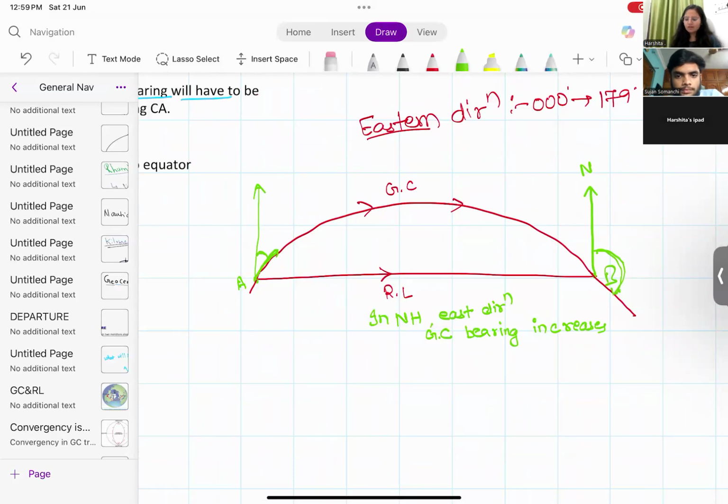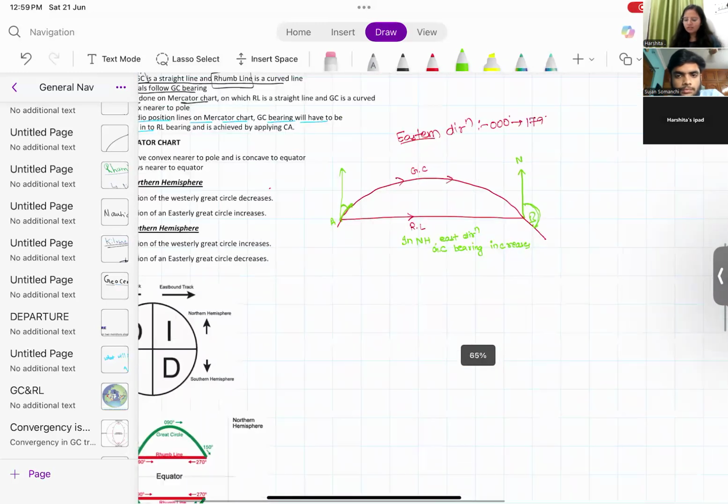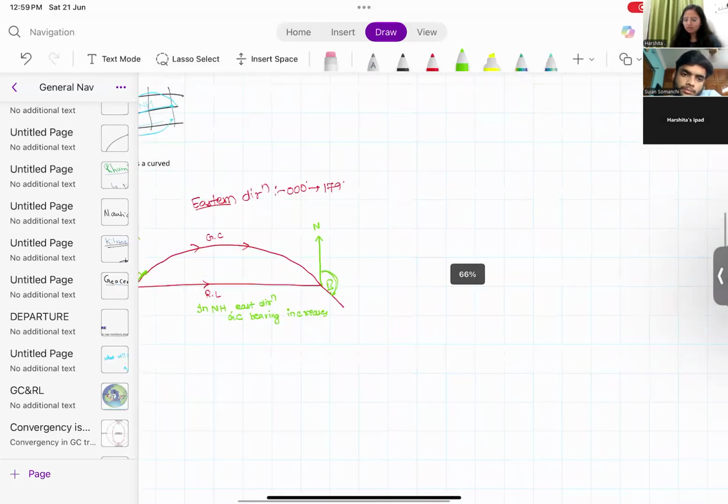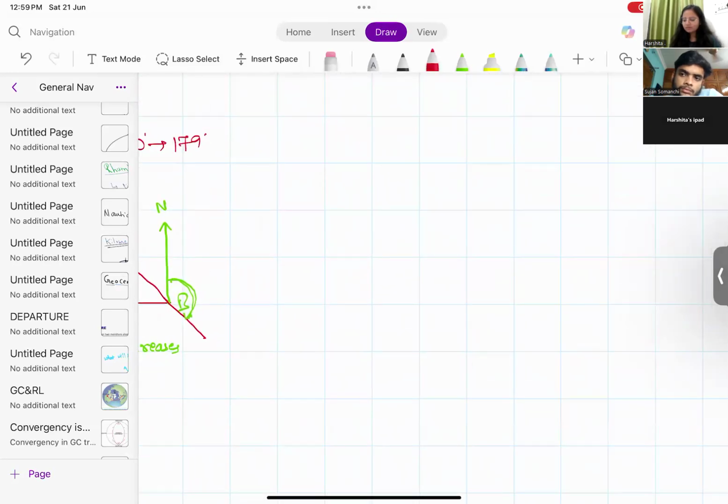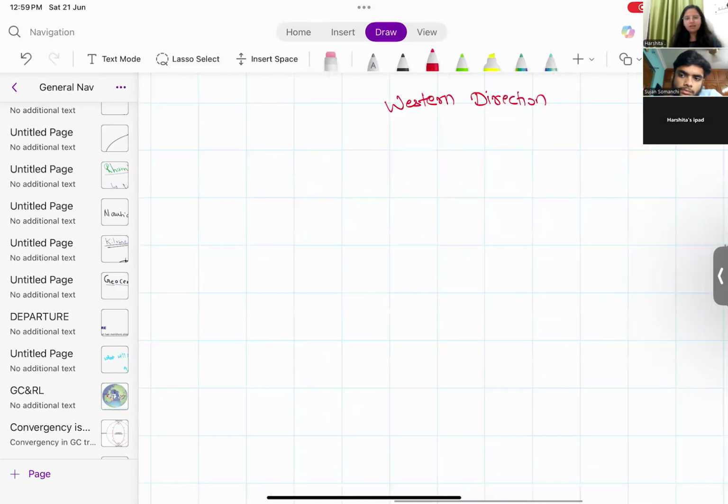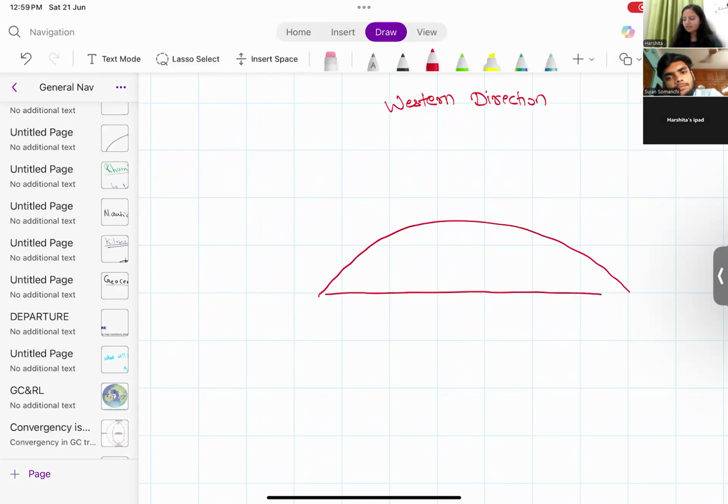Now, instead of the eastern direction, let's move towards the western direction, in the northern hemisphere only. So the diagram is going to look like this.